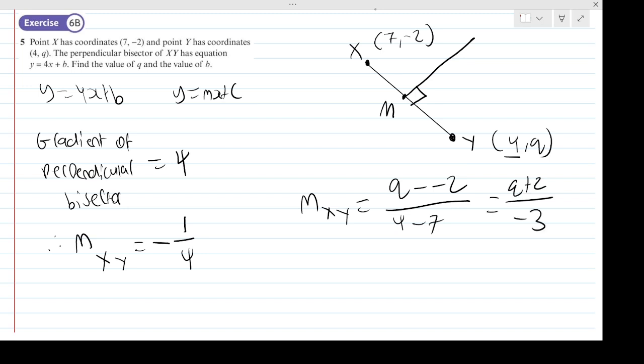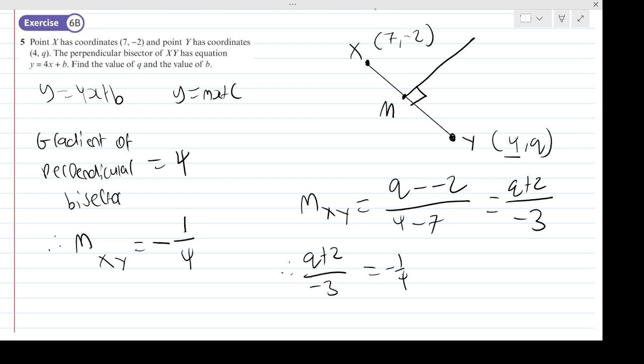Okay, but we've got 2 expressions for the gradient of xy here and here, right? Well, that means they have to be equal to each other because they're the same. Therefore, we can say that q plus 2 over minus 3 is equal to minus 1 over 4.